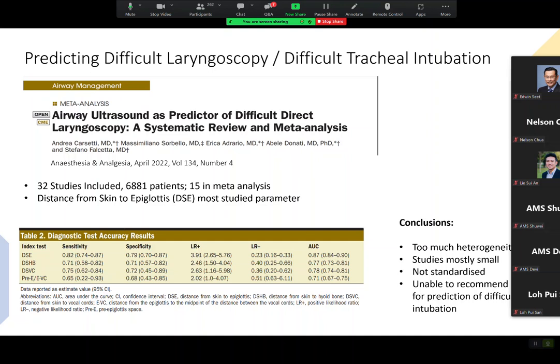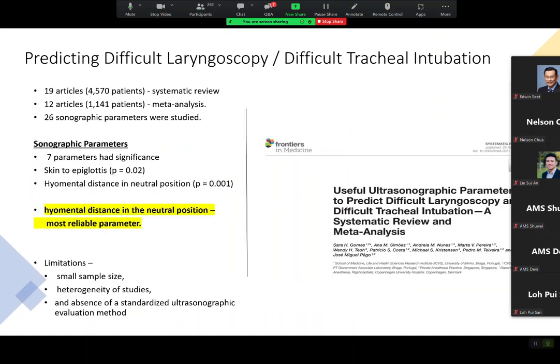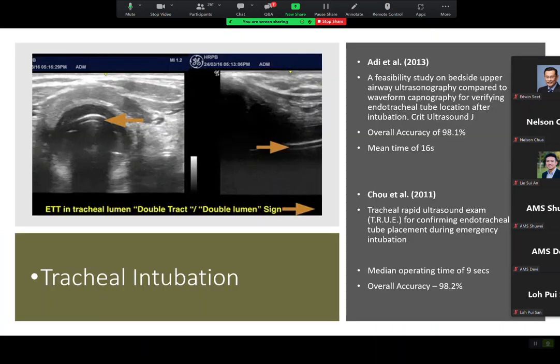The studies were mostly quite small, and there was too much heterogeneity. So same thing, another meta-analysis. This one showed that hyomental distance was the most reliable parameter, but again, small sample size and heterogeneity of studies make it difficult to recommend upper airway ultrasound for difficult tracheal intubation.